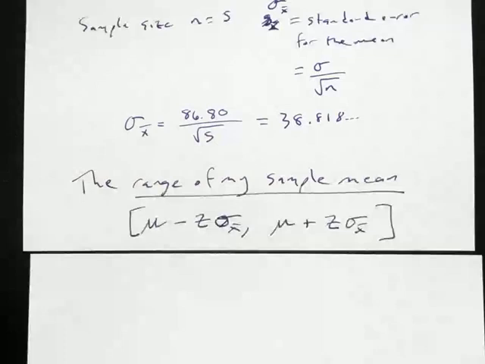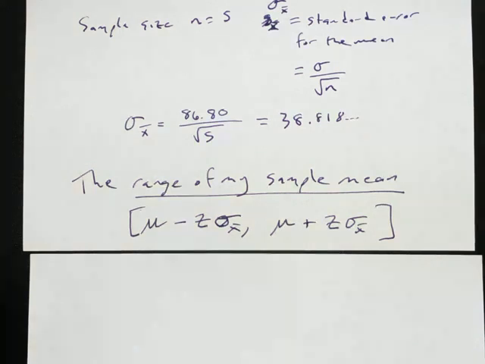And my choice of z depends on my choice of percentage. You want 90%, 95%, and 99%? I'm going to do at least two of them, so start with one.